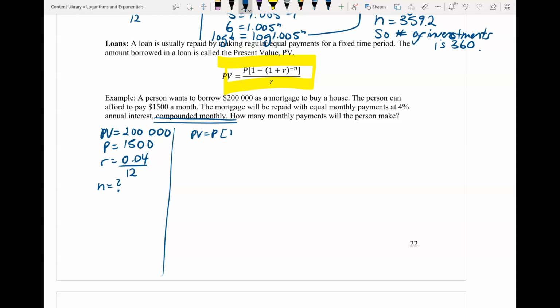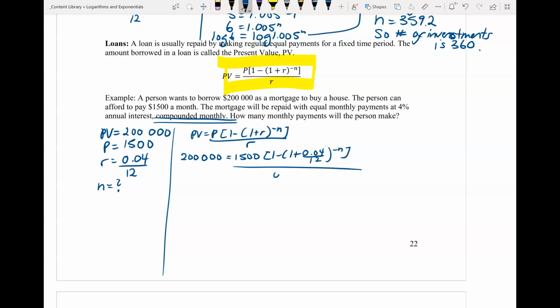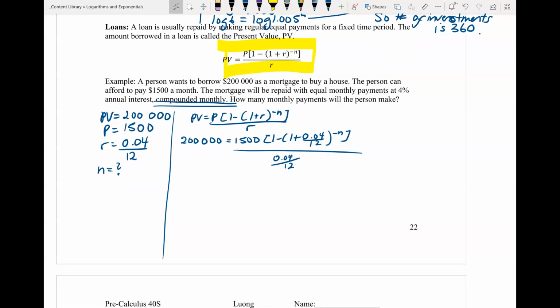So here again is the formula we're going to use. And I'm going to put in the information that we know. Okay, so I have to do some rearranging.